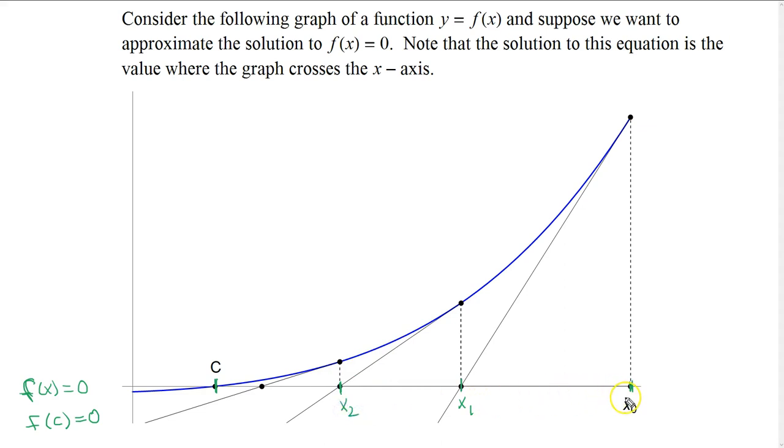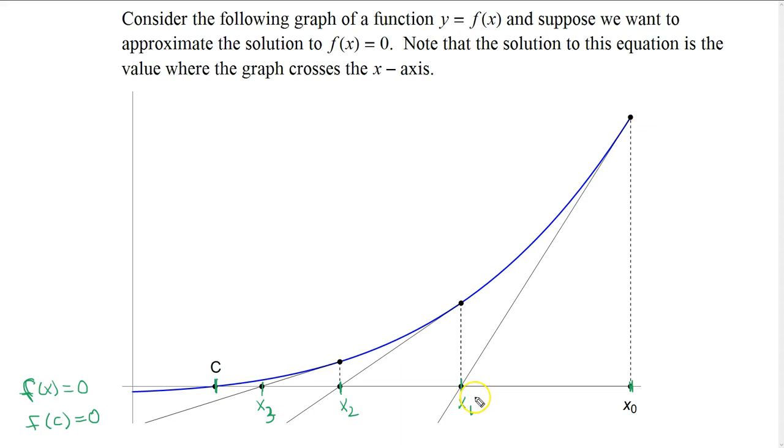Notice how by doing this we've gotten closer to our actual value of c. And we keep doing this. Up to the curve, draw a tangent line, come down. There's our next approximation to c. And notice how we've gotten still closer. If we keep doing this, we will keep getting closer and closer to the number c.